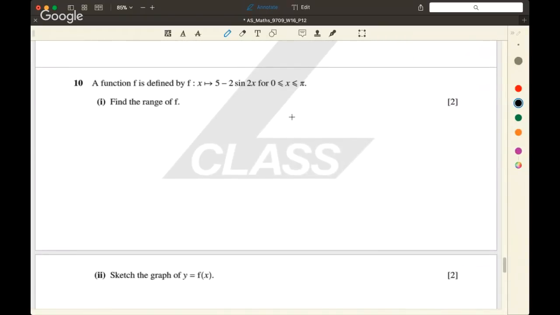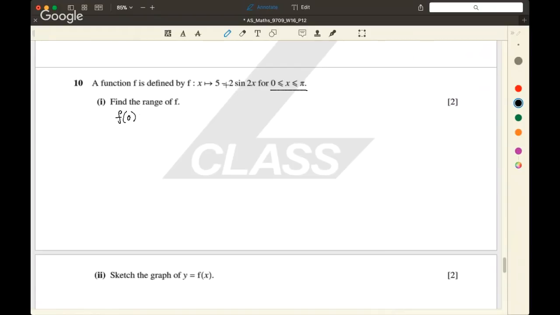Okay, last question. So we have some function f, and we want the range. The range, you have to just be a little careful with this one. We know that x can only be between 0 and pi. So your initial thought might be to test what you can get out of f if you put in 0 and pi.